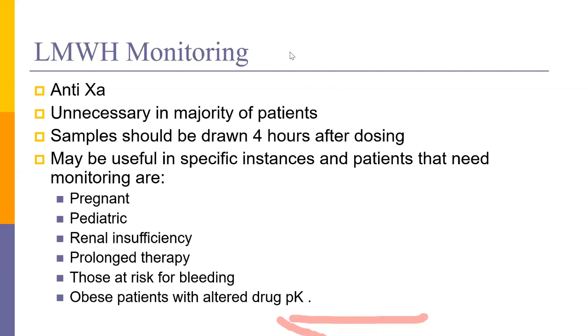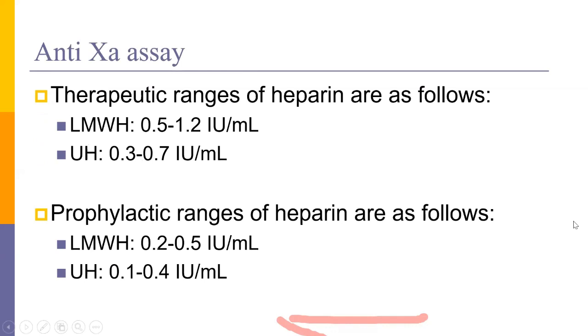So next slide. The therapeutic ranges of heparin are as follows. Low molecular weight heparin is between 0.5 to 1.2 international units per milliliter. Unfractionated heparin is 0.3 to 0.7 international units.